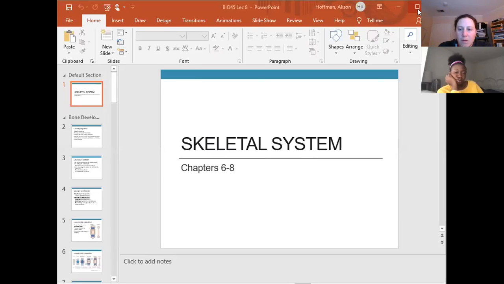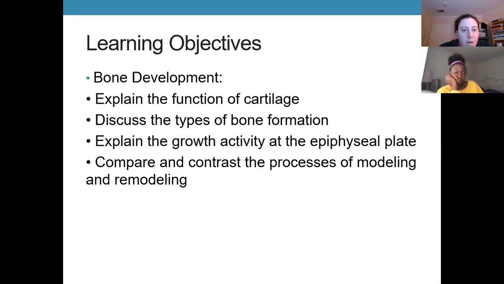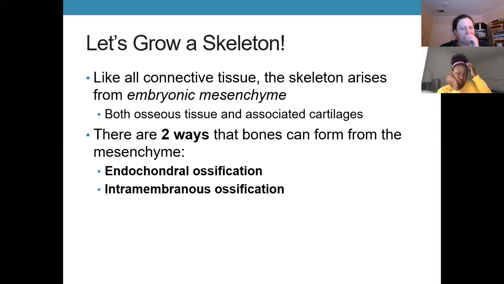Okay, so remember that ossification means bone growth. So we know that either way we're making new bone, like brand new bone.